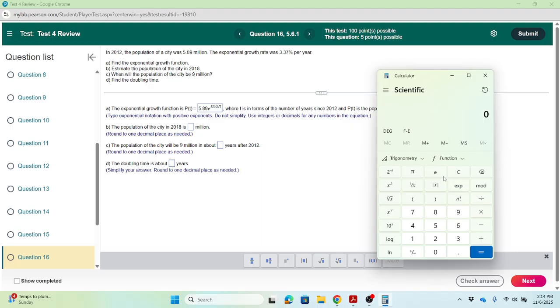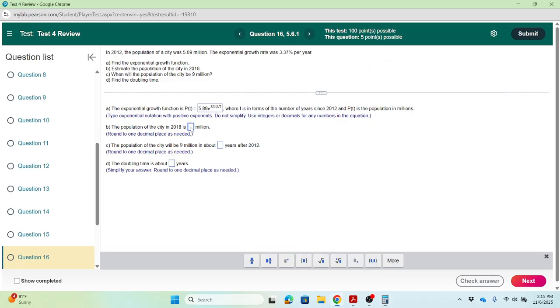E to the power, parenthesis, 0.0337 times 6 years, parenthesis close. This calculation happens inside the parenthesis. If you click it, that's the value for this part, and you have to multiply it by 5.89. So this is the population, which is 7.2 million in 2018.